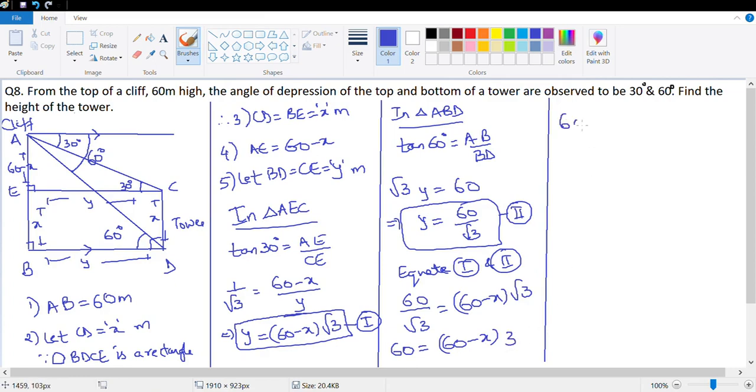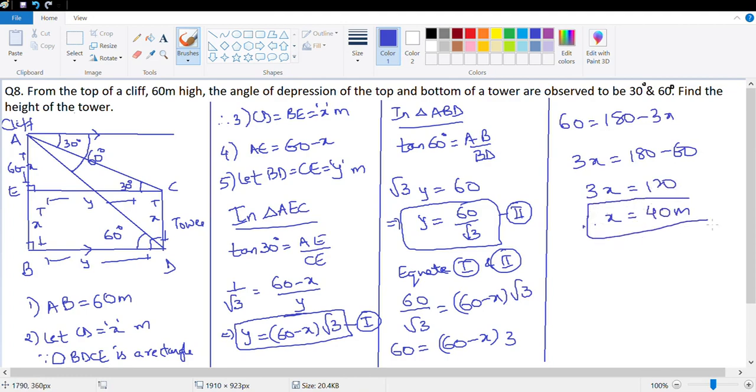So which is 60 is equal to 180 minus 3x, which means 3x is equal to 180 minus 60. 3x is equal to 120. Therefore, x is equal to 40 meter. What do we have to calculate? Find the height of the tower. Therefore, height of tower is 40 meter.